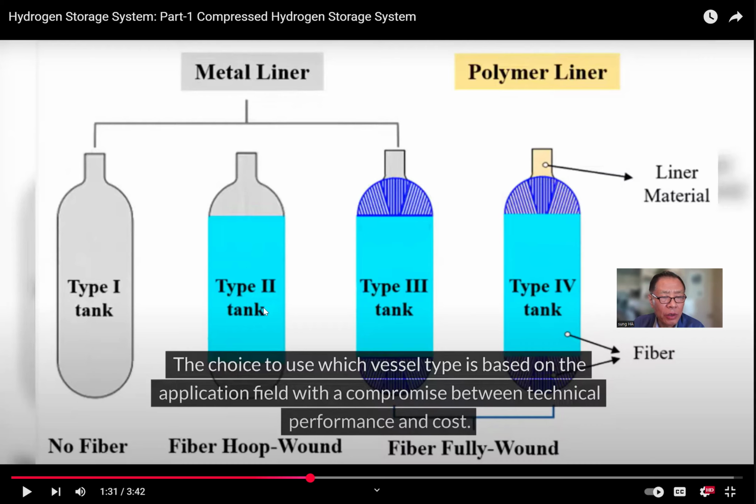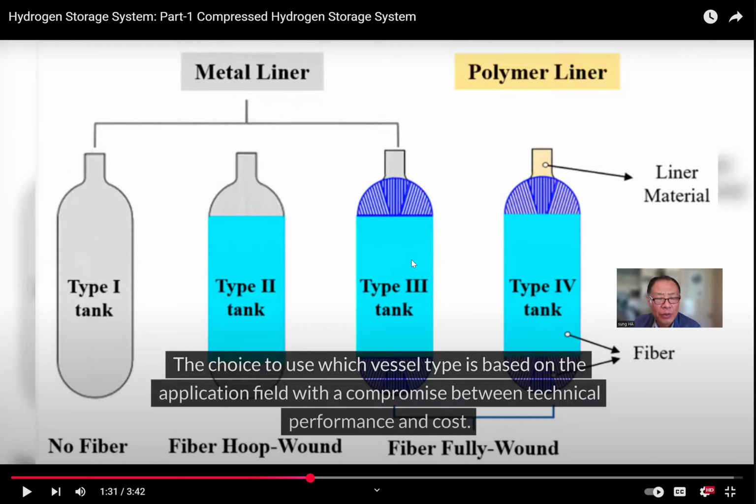Why only in the hoop, in this cylindrical part, rather than this dome part? Well, in this cylinder part, the stress in the hoop direction is twice as big as in the other direction. So this is basically hoop directional reinforcement.